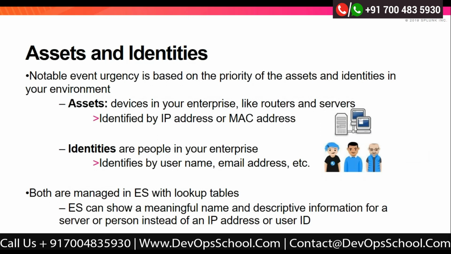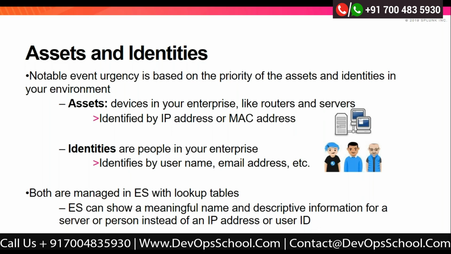Then we have asset and identity. Each notable event will have an urgency. Urgency will tell us whether the event is critical, high severity, medium severity, or low severity. The urgency of the notable event will depend on the asset and identity.